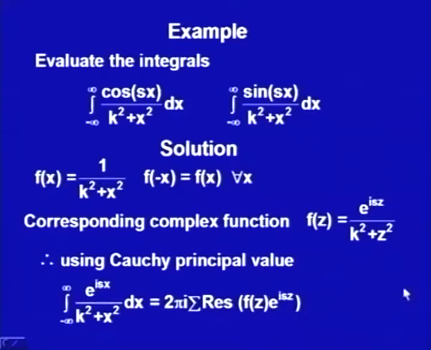So, using this Cauchy principal value, we get the integral from minus infinity to plus infinity of e to the power I s x upon k square plus x square dx equal to 2 pi I times the summation of residues of f z e to the power I s z, over all poles in the upper half plane.